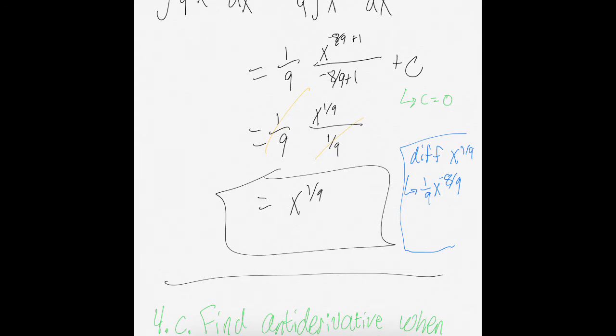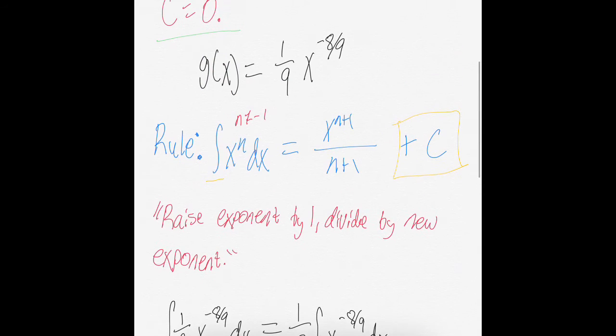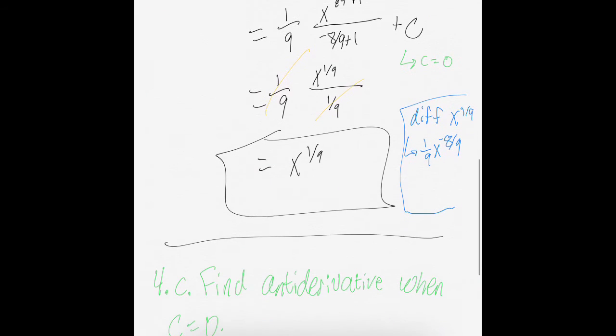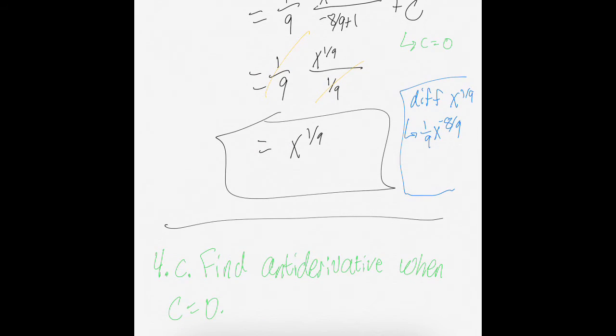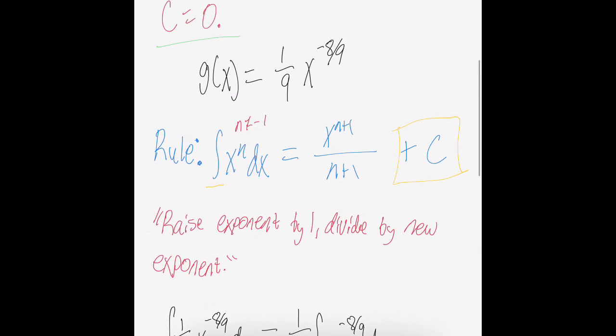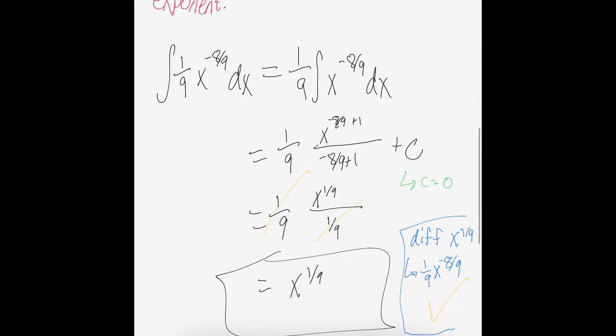We can check by differentiating, so let me do that real quick. If I differentiate x to the 1/9, I'm going to multiply by 1/9, and I get 1/9 x to, and I'm going to subtract 1 from the exponent, and I get -8/9. And sure enough, that's exactly what we started with.